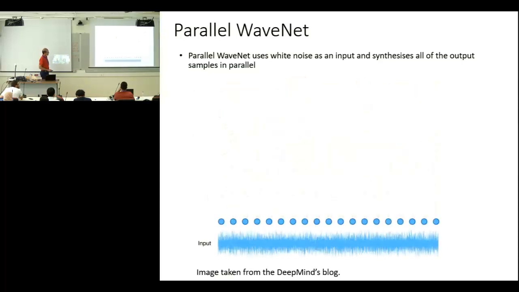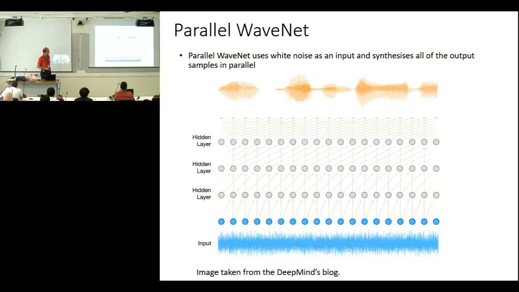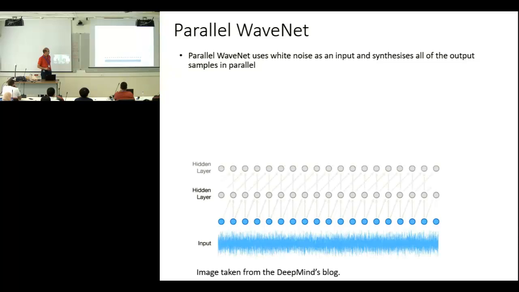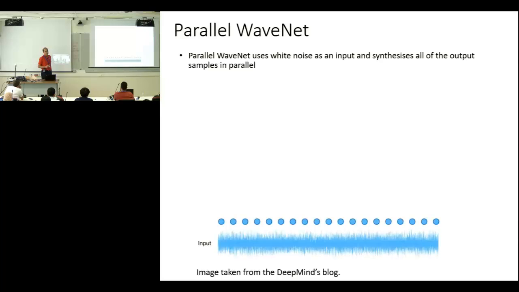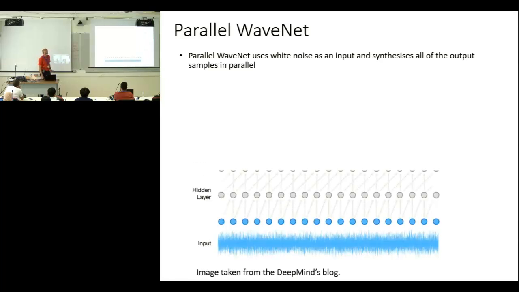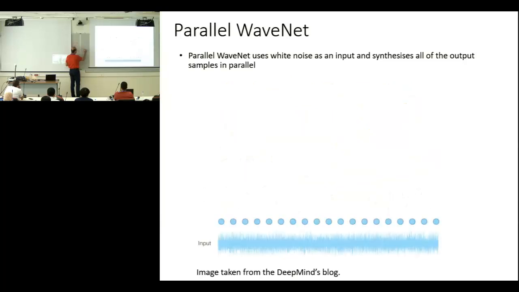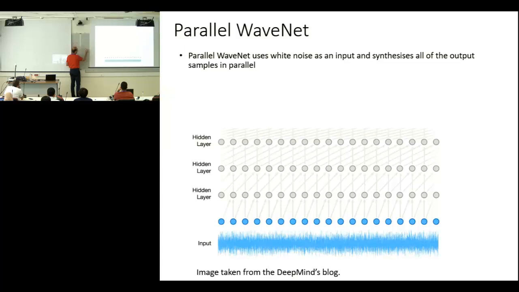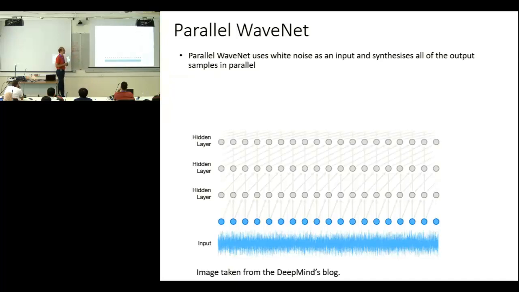Let's say that this is the Parallel WaveNet, and it acts as a function which transforms the uncorrelated input noise into correlated speech in one time step. So you get the input sequence, you pass it through this function, this is uncorrelated noise, and you get speech in one time step.